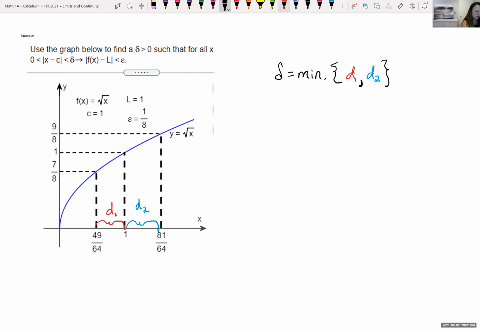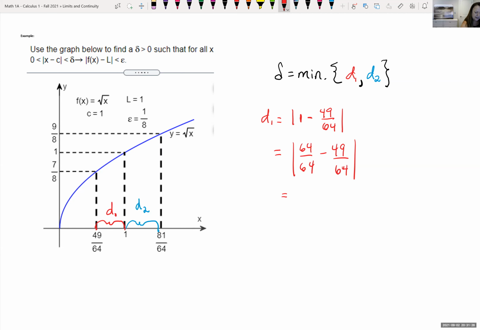Okay, so distance 1 we can find by taking the absolute value of 1 minus 49/64. Common denominator, 1 could be rewritten as 64/64 minus 49/64.